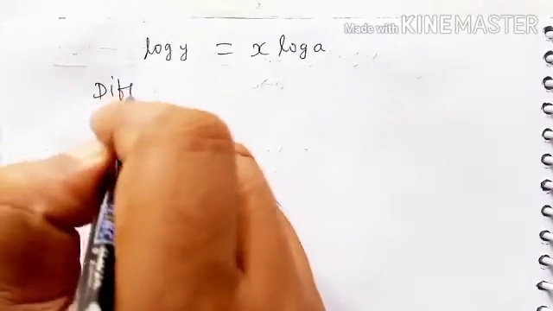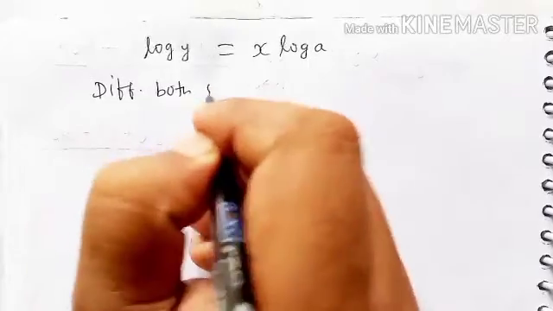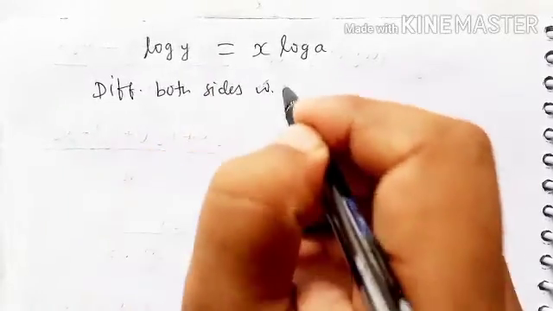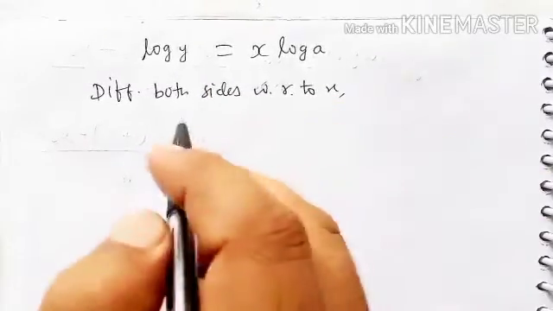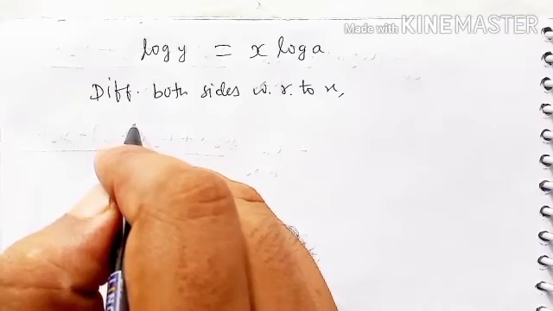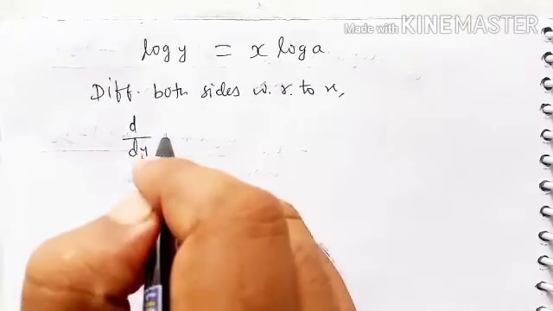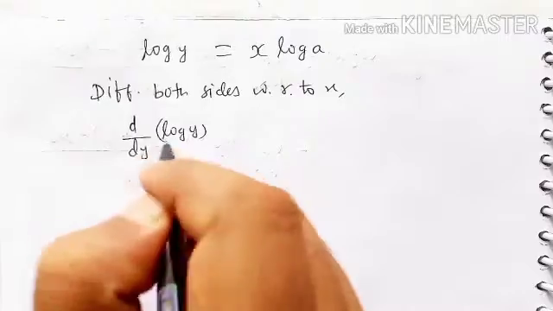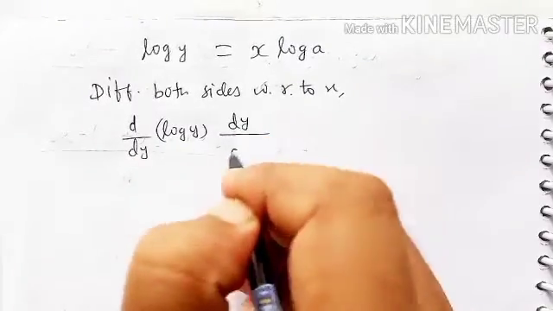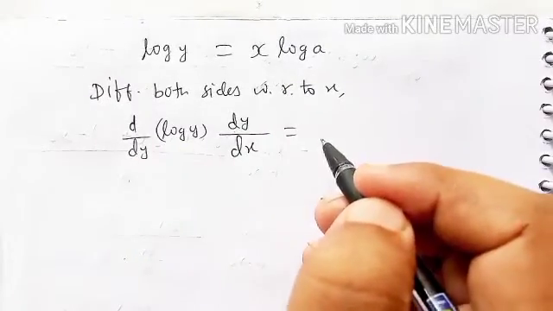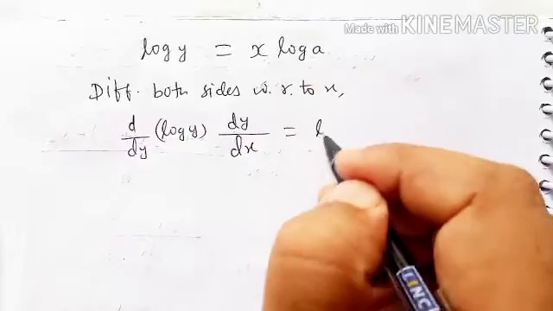Differentiating both sides with respect to x, log y is a function of y. Here log a is constant, so it is taken common.